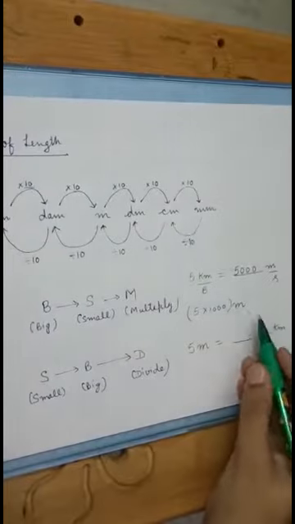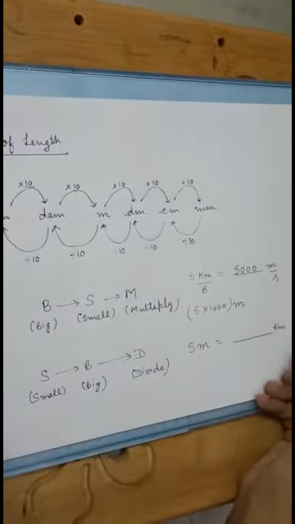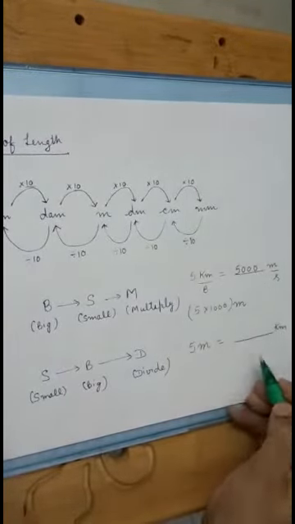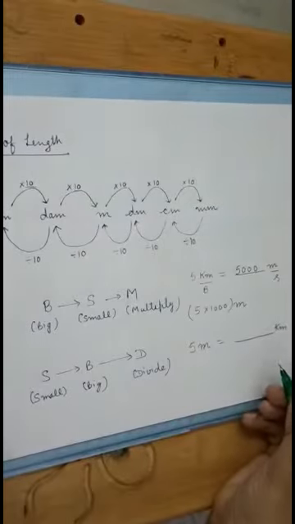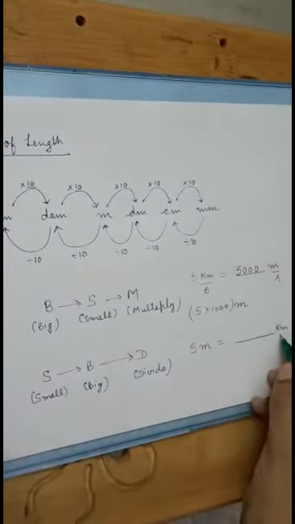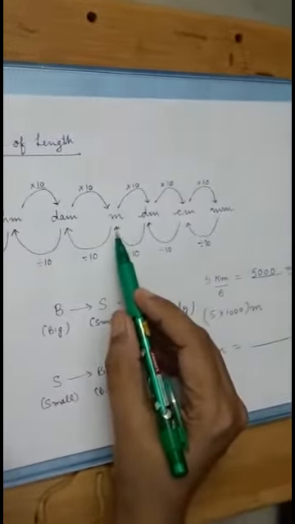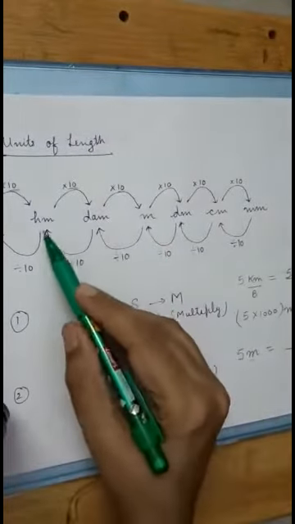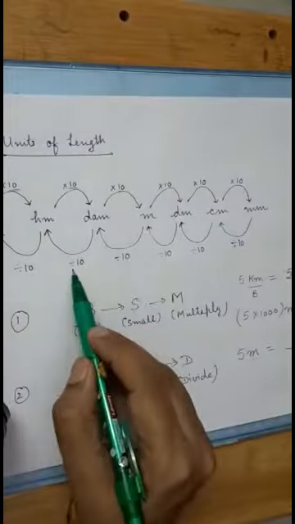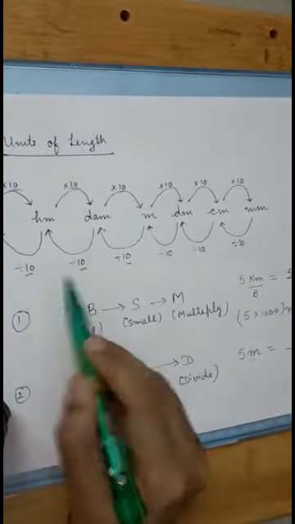See, I take the reverse of the first example. 5 meter is equal to dash kilometer. Earlier I had taken 5 kilometer into meter. Now 5 meter into kilometer. Let us see. So here, how is the meter related to kilometer? See here, meter to kilometer, 1, 2, 3. I have to take 3 moves, so divide by 1000.